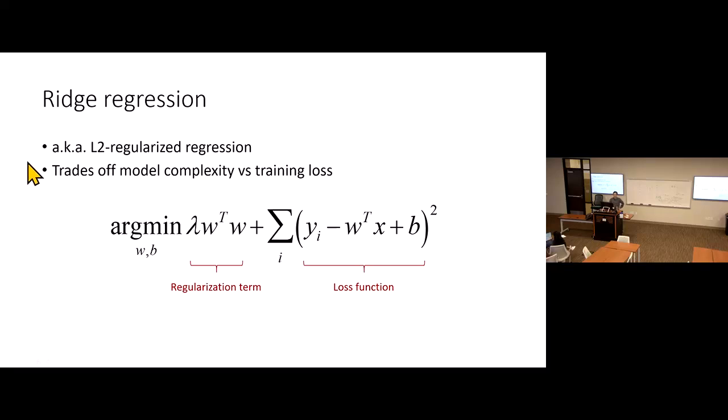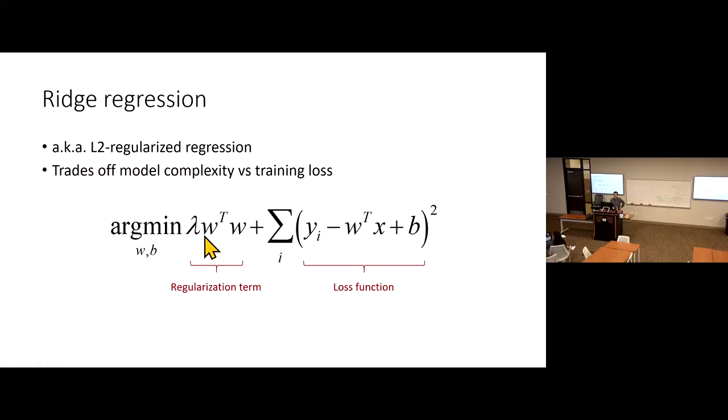People also have a similar idea, called ridge regression. In this case, the regularization term is the dot product between these variables, the coefficients. The dot product is the L2 norm.